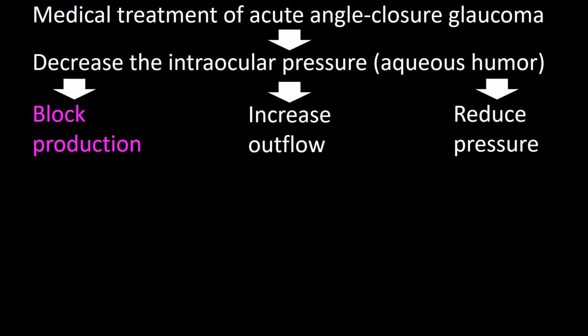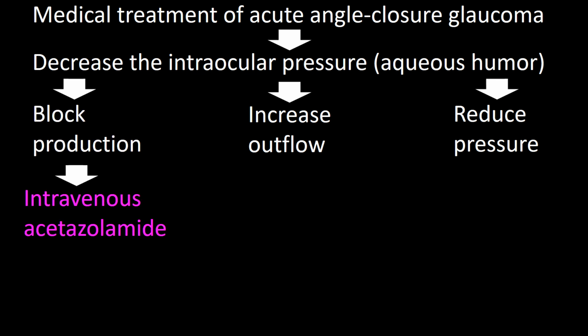Blocking production of aqueous humor is achieved by the use of intravenous acetazolamide. Acetazolamide inhibits carbonic anhydrase. Acetazolamide produces no pupillary or vision adverse effects.